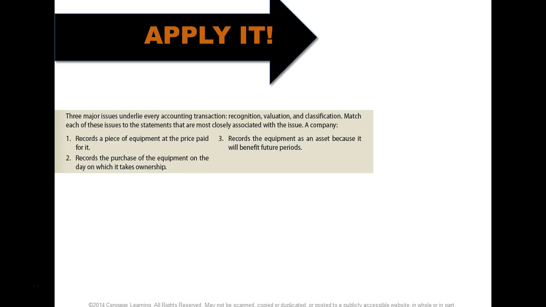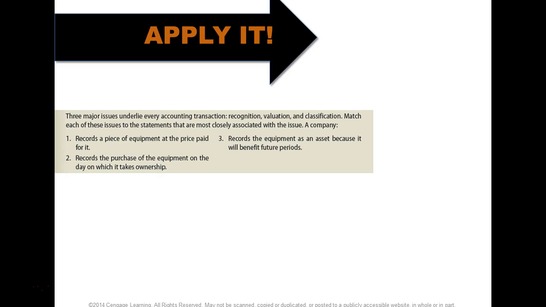So here we're going to do a little bit of problem solving. 3 major issues underlie every accounting transaction: recognition, valuation, and classification. So we're going to take the terms recognition, valuation, classification, and match them to these 3. Number 1, records a piece of equipment at the price paid for it. What?